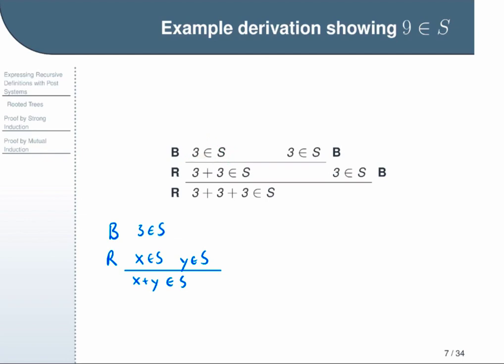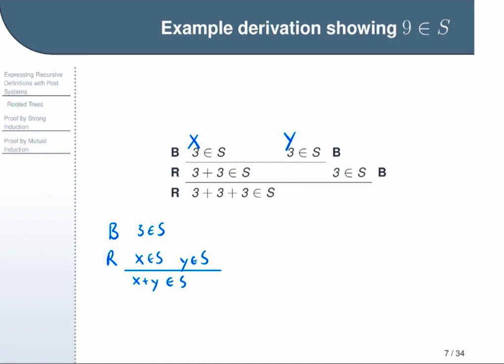I have these two base cases that I set up first, right? And then I am applying rule R, where this is my X and this is my Y, and the first application gets me to this second level here.